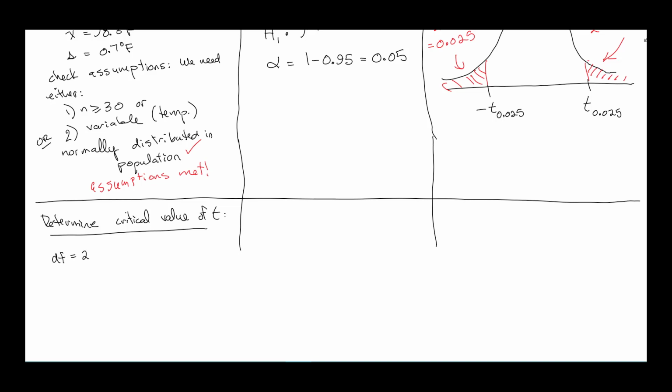So that's going to be n minus 1, remember. We already did that, but I'm putting it here too. So my degrees of freedom is 19. And then my right tail area is going to be what? 0.025.